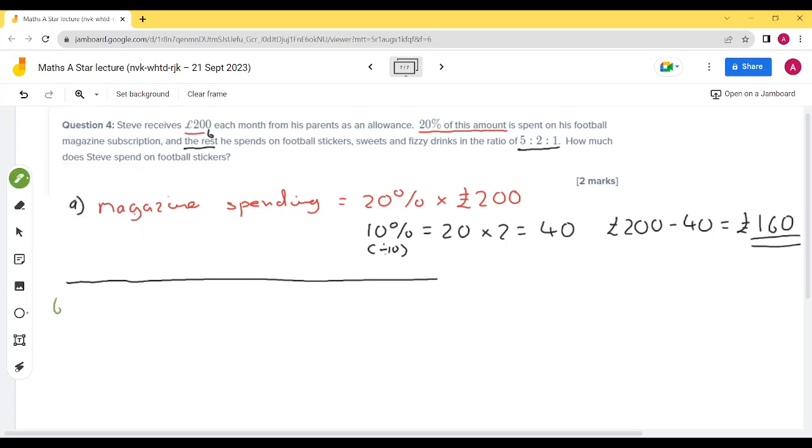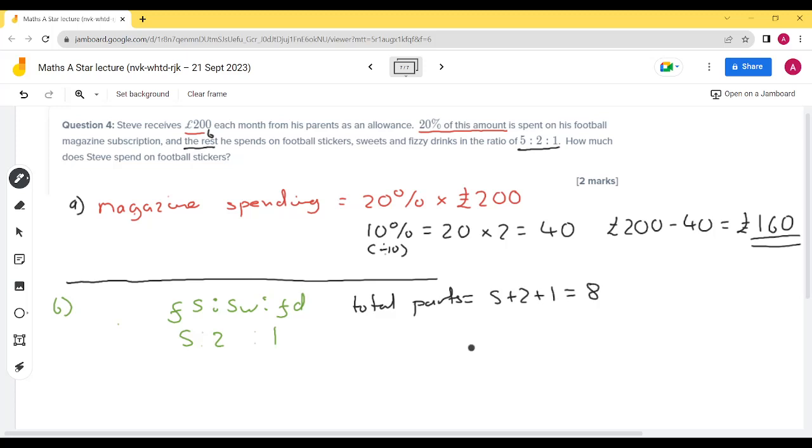If we do that down here, we can put FS to SW to FD in a ratio 5-2-1. And so what we need to work out is the total parts, which equals 5 plus 2 plus 1 equals 8.